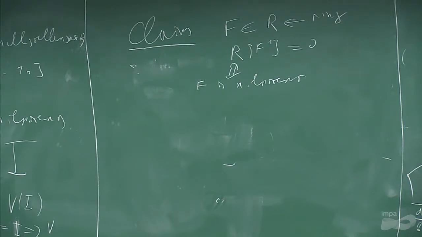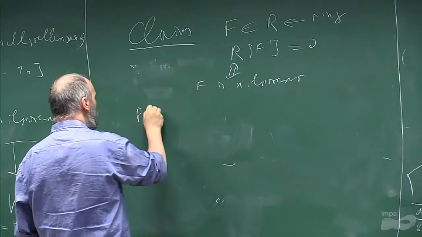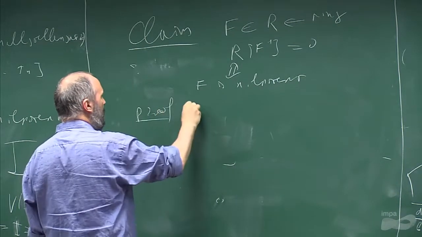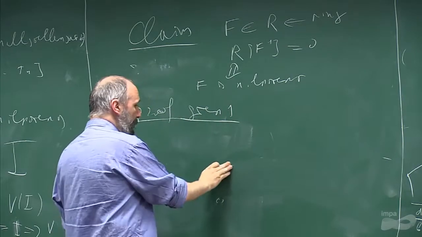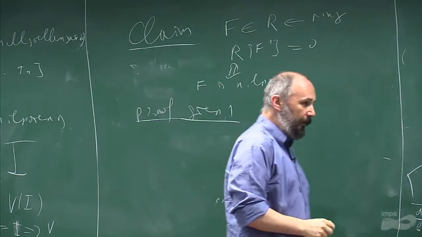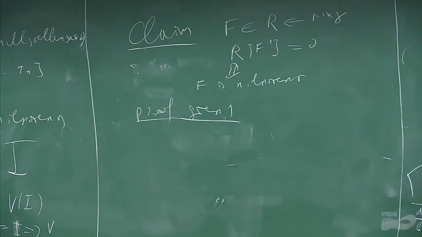Since we need it only in one direction, I will prove one direction, and you will easily see how to prove the opposite direction. Okay, so proof. Step 1. We have a polynomial ring quotient by the only relation.